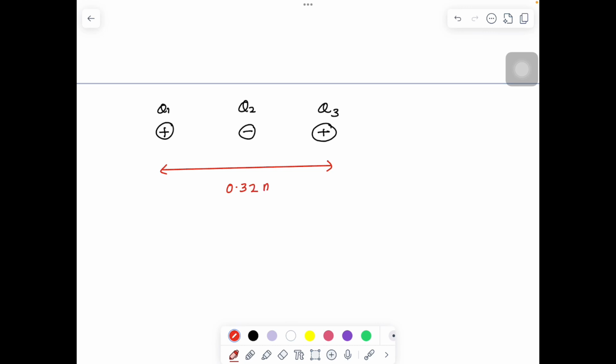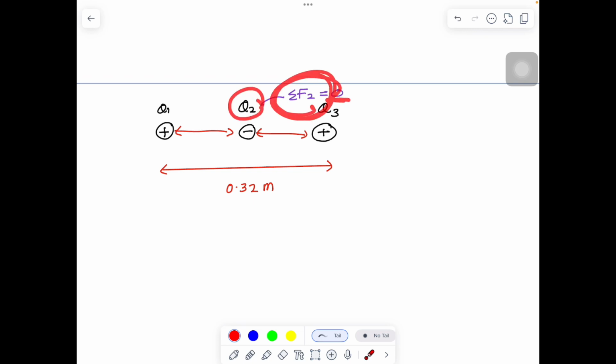Convert teruslah kepada meter. Tapi distance daripada sini ke sini sudah tidak sama macam original diagram. Okay, so kita sudah gerakkan. So point tersebut adalah point di mana the sum of F2 is 0. The total ataupun the net electrostatic force on Q2 sama dengan 0.